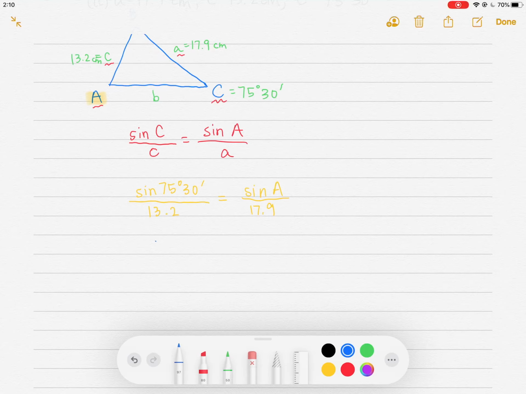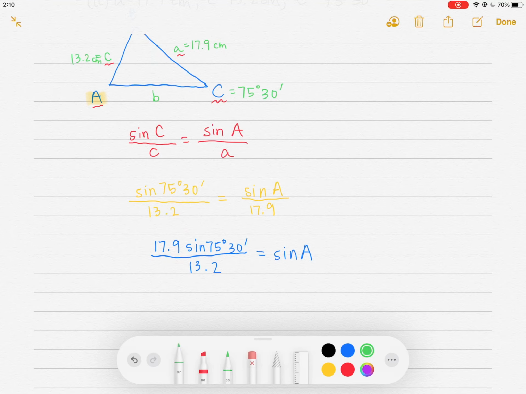That will give us 17.9 sine of 75 degrees, 30 minutes, divided by 13.2. And that is going to equal my sine of big A. Who takes in numbers and spits out angles?